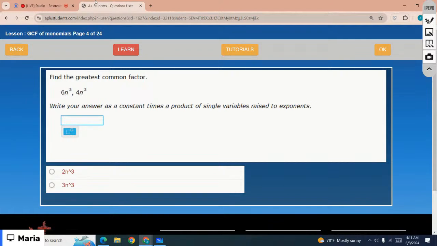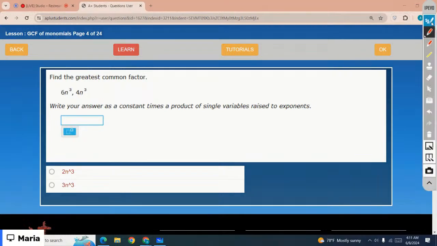So find the greatest common factor of 6n cube and 4n cube. So which is the correct option? GCF is the greatest common factor that can divide both the numbers, right? So you have to do the prime factors of 6n cube and 4n cube.